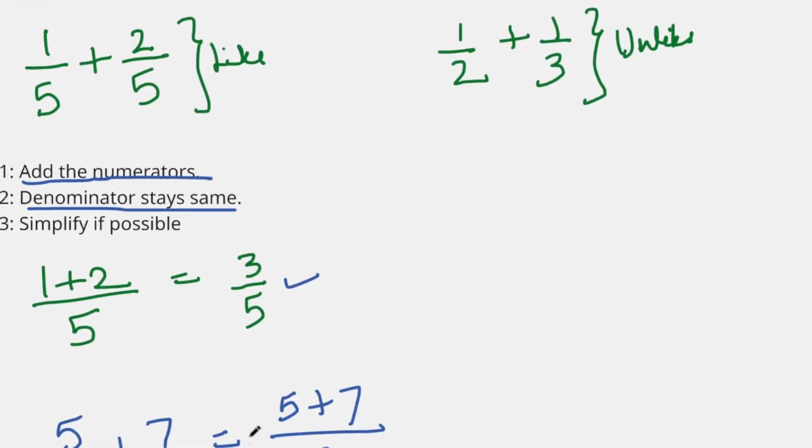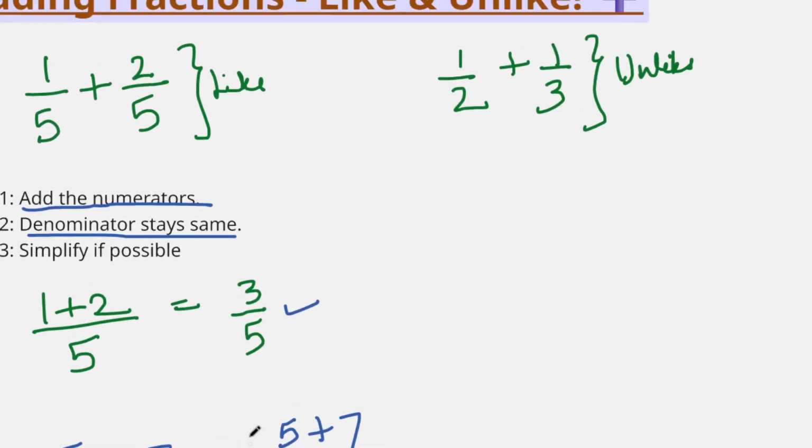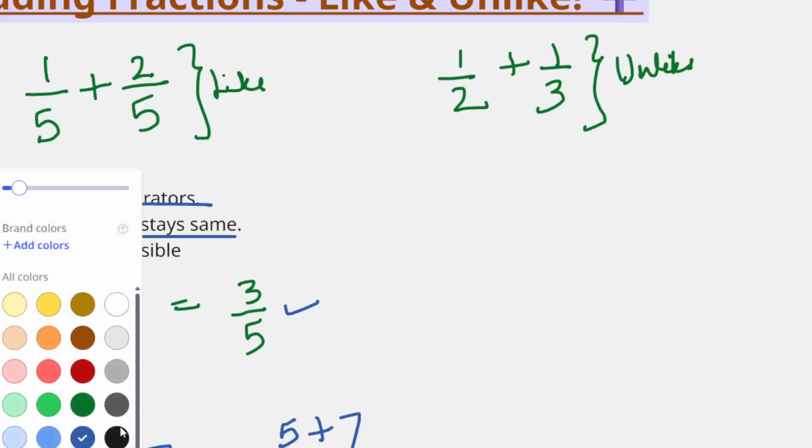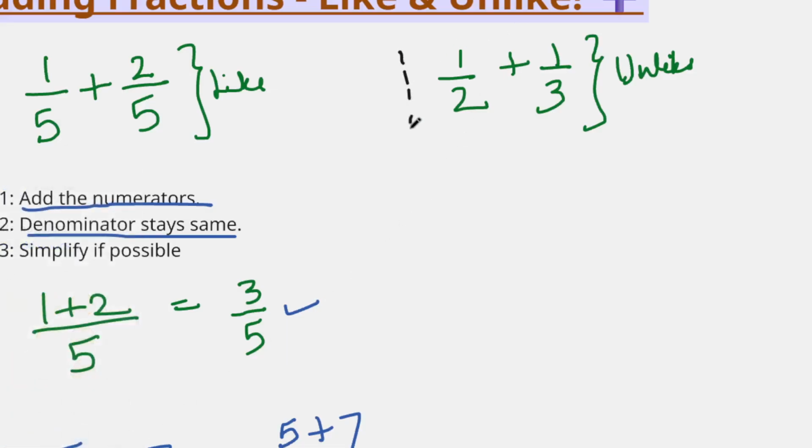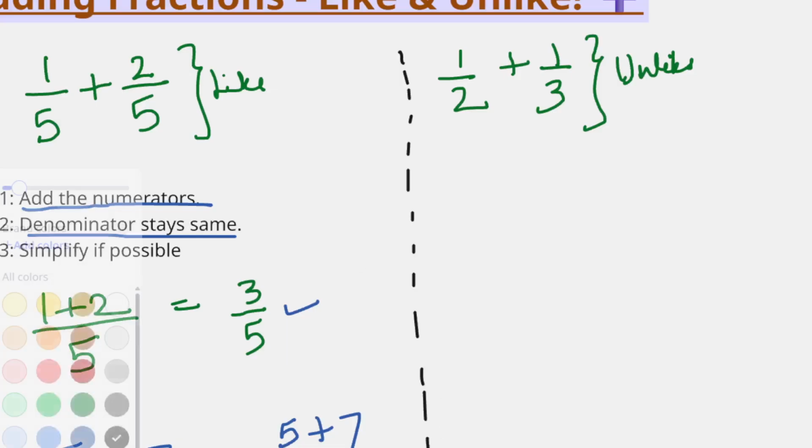Now, let's add unlike fractions. So 1 by 2 and 1 by 3. You see, different denominators are there, right? And what can we do?